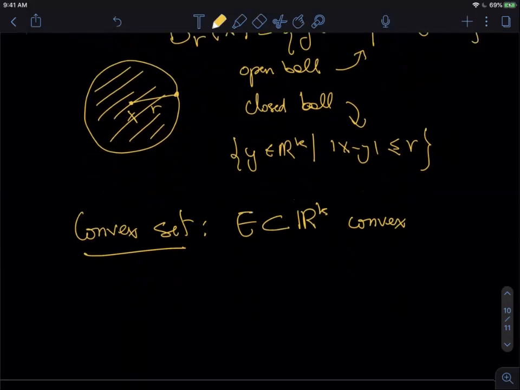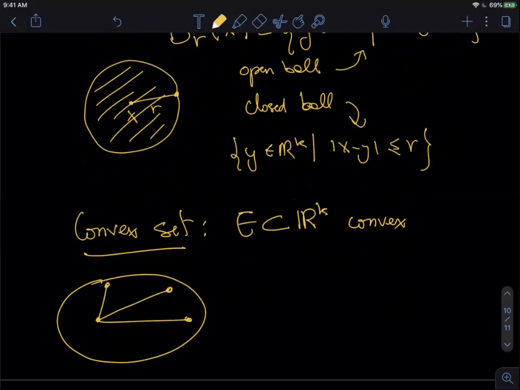Convex means that from any given point we can reach all the other points in the set, and the segment that connects those points is contained in the set. So for example, if I do something like this, this would not be convex because then I have points here that I cannot connect with other points in the set. For some I can, but not for all.